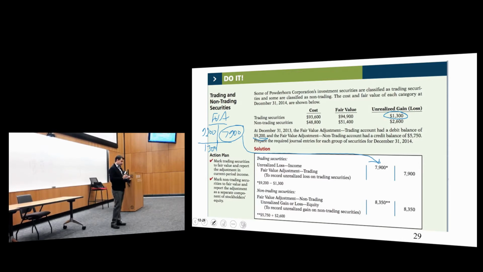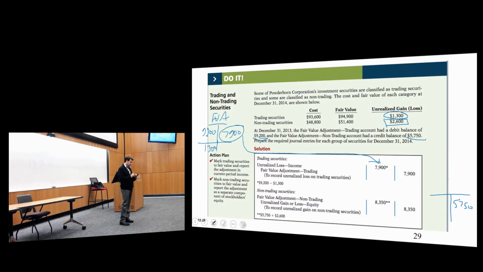For the second one, they are telling us that at the beginning it had a credit balance of 5,750. When we look at this one here, this is a gain again. It's a gain, so the gain will be credited as a result.